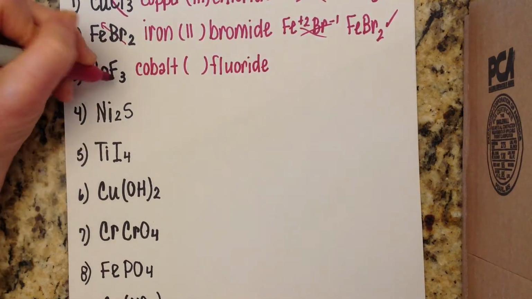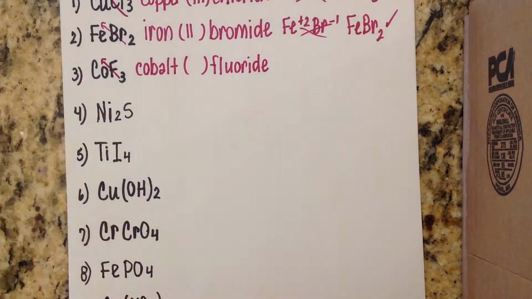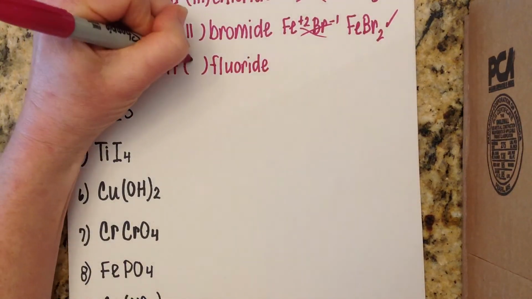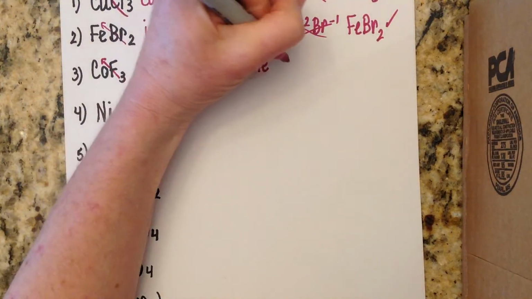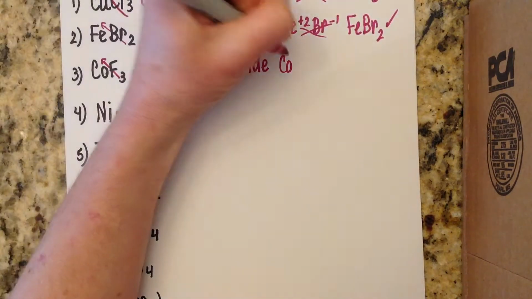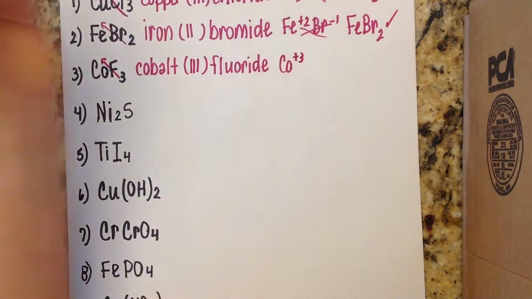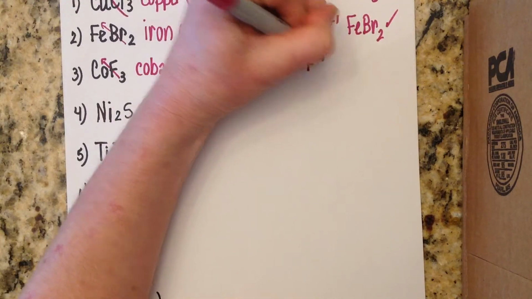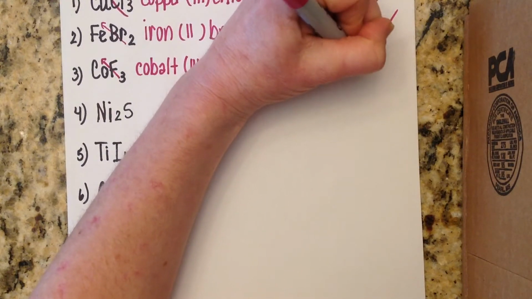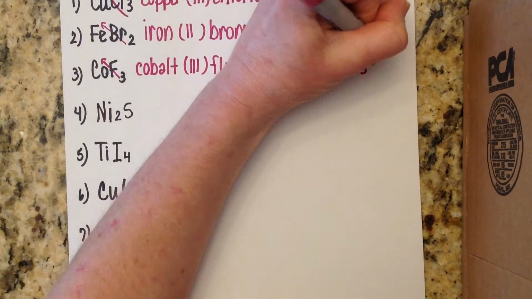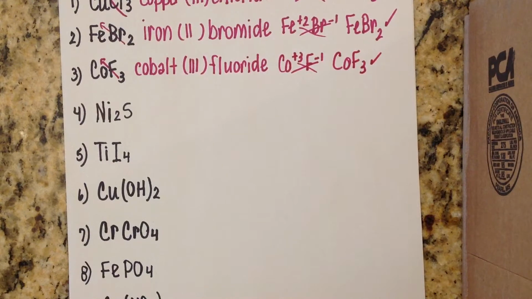That means this 3, once again, had to come from up here. So cobalt 3 fluoride. Because I'm an overachiever, I'm going to check it just to be sure. Cobalt has a +3. Fluoride has a -1. Crisscross, CoF3. Boom. Good job.